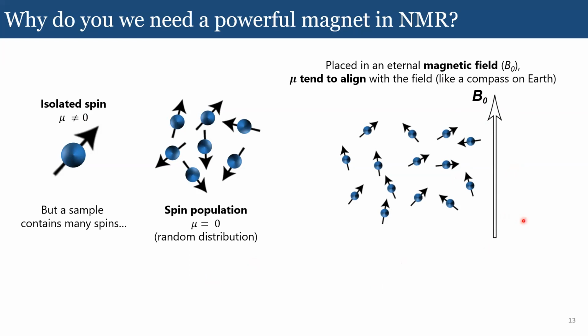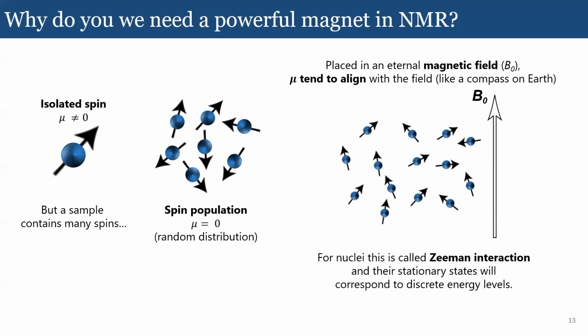It's pretty much exactly what would happen if you put a compass in the Earth's magnetic field. The compass will always try to stay aligned with the north magnetic pole, and that's why we use compasses, even if now GPS is more trendy, but sorry, GPS doesn't work here. So this phenomenon for nuclei is called the Zeeman interaction.